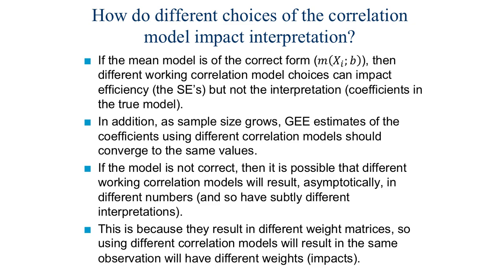So your estimate of the variance is based on that, assuming the family is correct. And the correlation model doesn't really affect the bias of the coefficients, whether they go to the true value. It only affects the efficiency. So if you choose one that's closer to the truth, you get smaller standard errors. And that would be true if you have the true mean model.